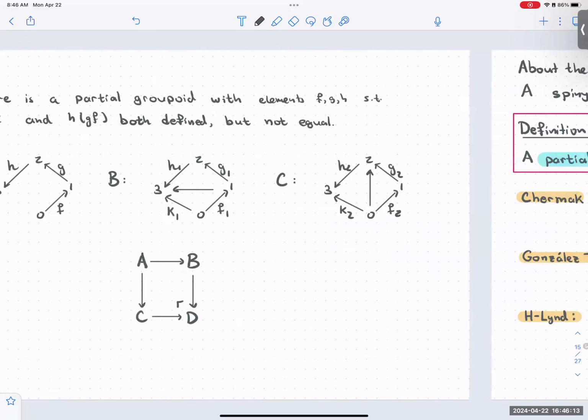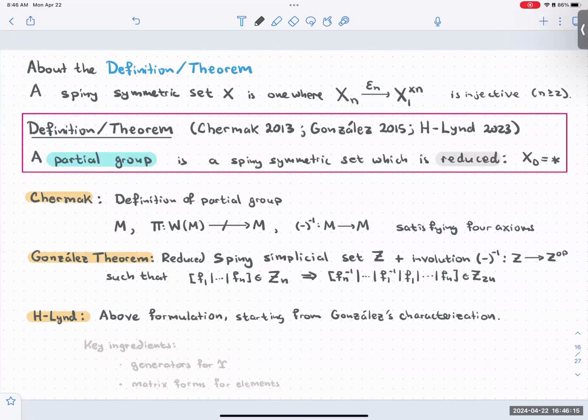First, I want to say a little bit about this definition/theorem, which said that a spiny symmetric set is one where this map is injective, and then a partial group was a reduced spiny symmetric set. So why definition/theorem?